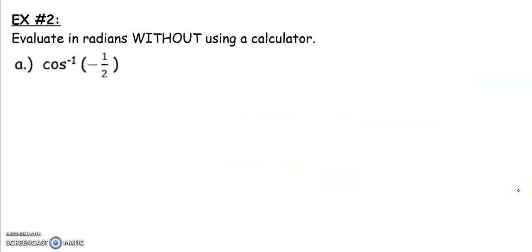So let's figure that out. Let's see if I can figure these inverse cosines, or these arccosines, out. Remember, cosine is the x value on my unit circle, and I know I want to use my unit circle because it says without a calculator.